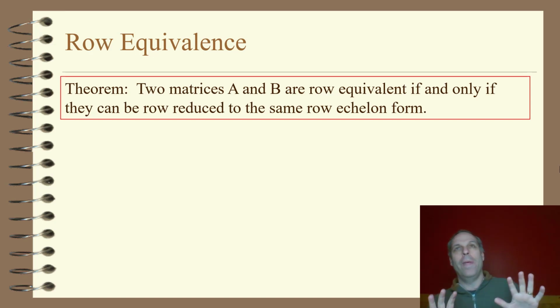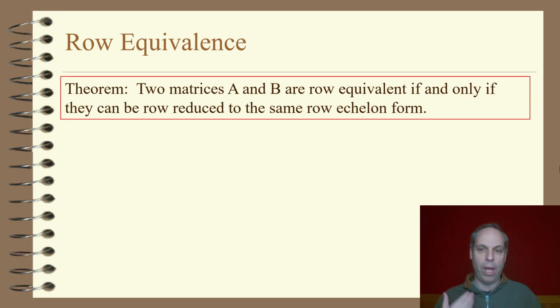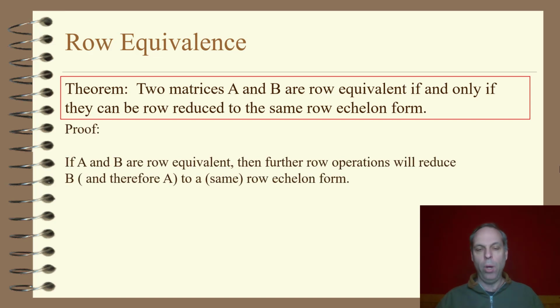So, as an important theorem, two matrices are row equivalent if and only if they can be row reduced to the exact same row echelon form. To see why, we definitely need to explain it with a proof, so I'll go through it slowly. There's two things to prove. Suppose that two matrices A and B are row equivalent.